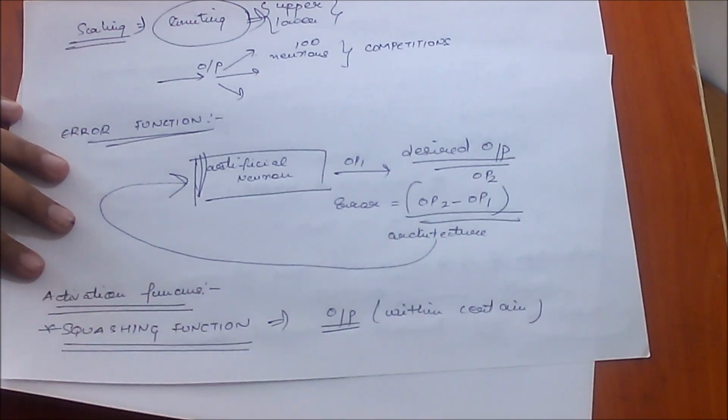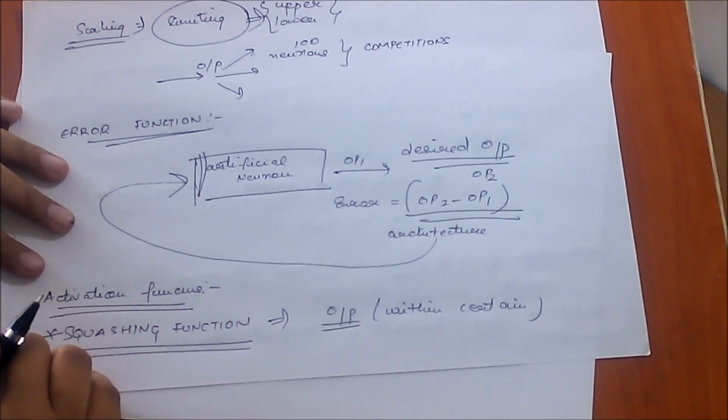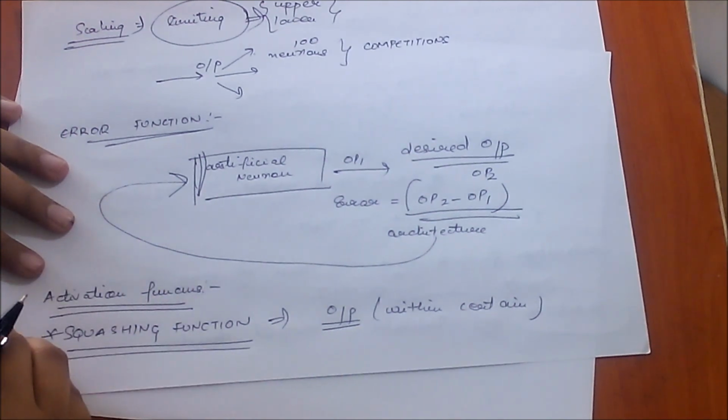To make work more efficient and for exact output, some activation is being given. Like that, the activation function is applied over a net input to calculate the output of an artificial neural network.